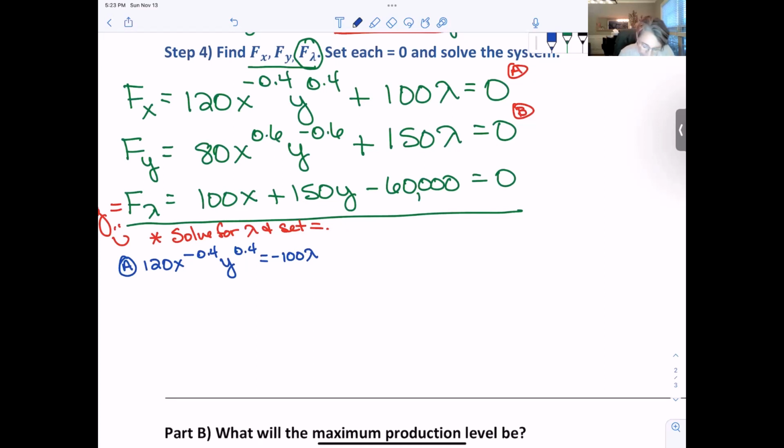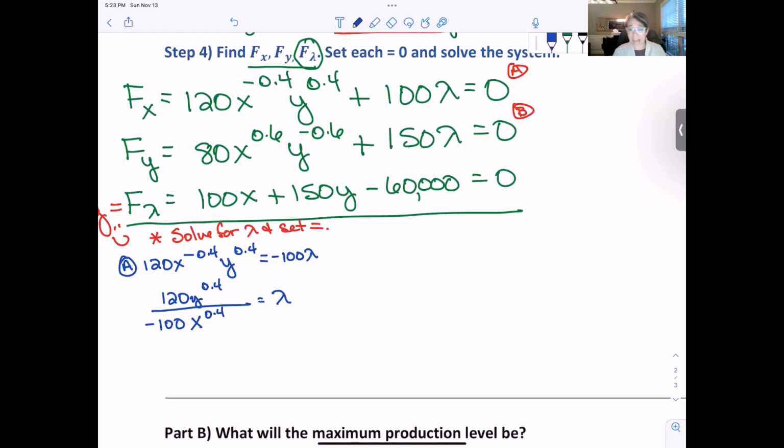So we can write that as 120 y to the 0.4, and then move the x to the bottom, make it a positive 0.4. And if we divide both sides by the negative 100, we would have a negative 100 there. So we've got what lambda equals.